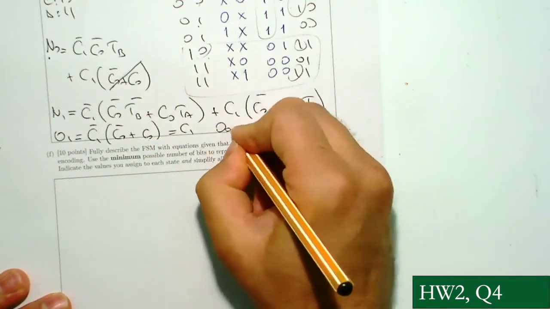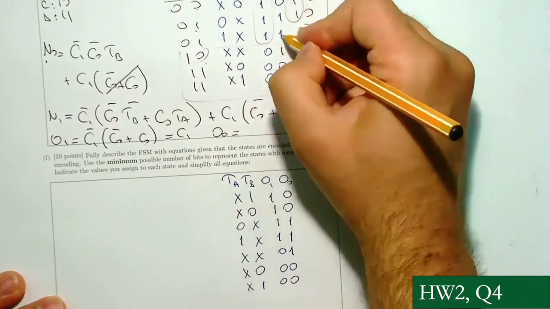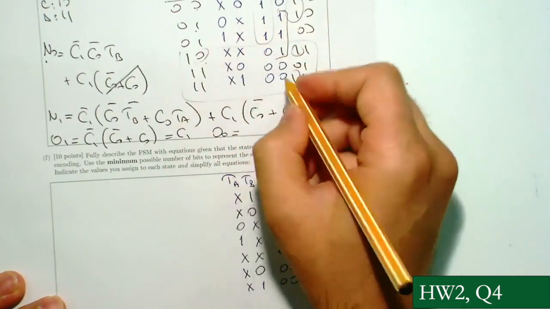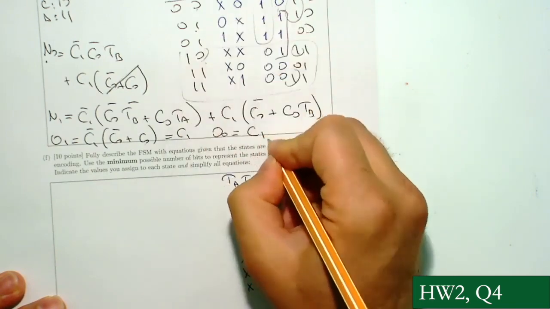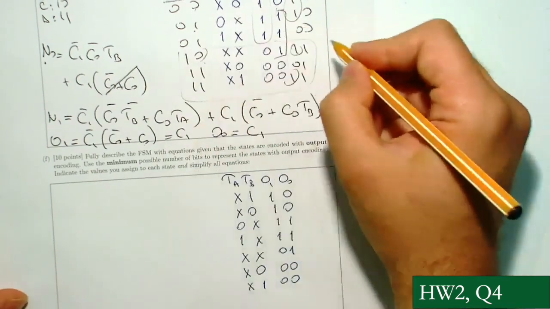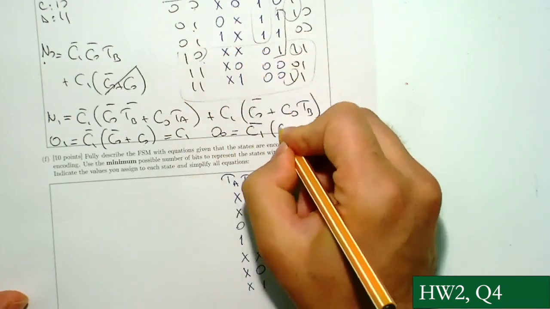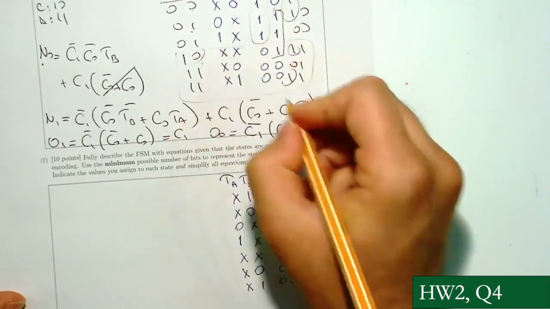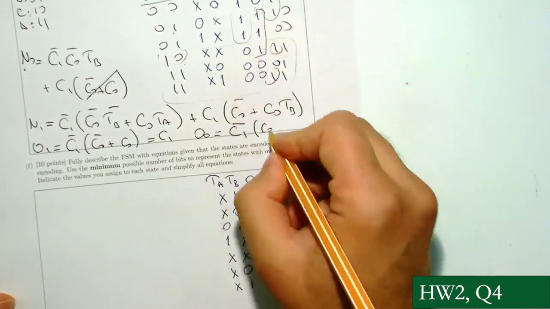And for O0, I have 1s here again, and C1 will be 0 for 2 rows, and also C0 will be, let me write it in this way.